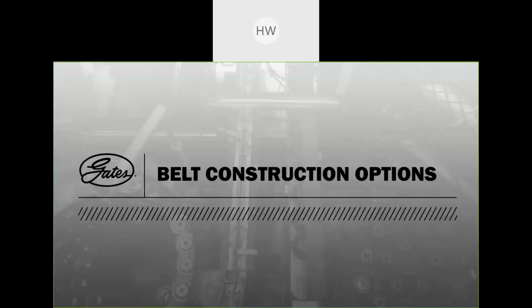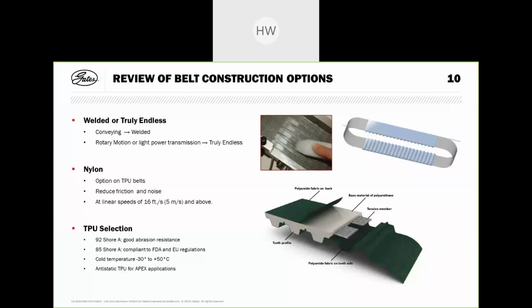So what options do we have on the TPU belt? First of all, and this is a quite often asked question, do we need a welded belt or a truly endless belt? As said, with the thermoplastic polyurethane belt, we have the opportunity to weld and remelt the polyurethane, and that's why we can create endless welded belt.